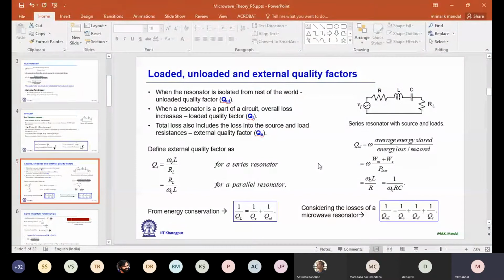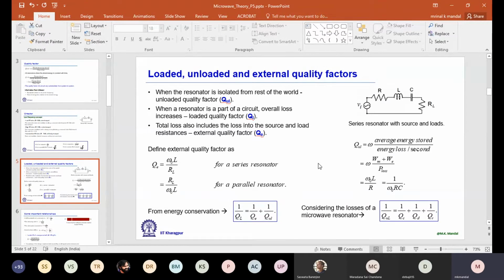The definition of quality factor we already know. Now, when we are determining the quality factor of any given resonator, if the resonator is isolated from the rest of the world, so we don't have any sort of perturbation on the resonator, in that case, if you calculate the quality factor, we call it unloaded quality factor, represented by QUL, or in some books it is QU.